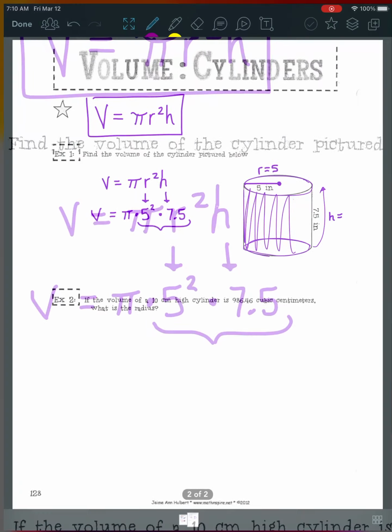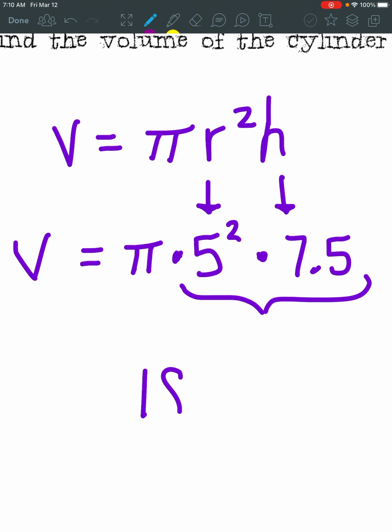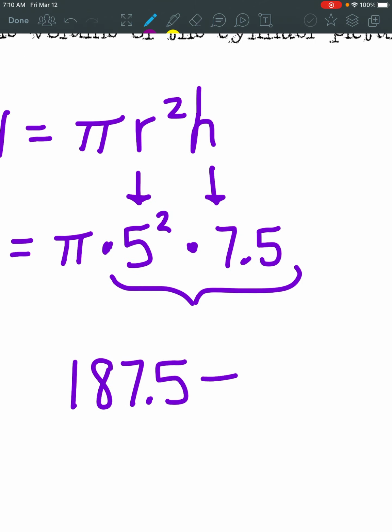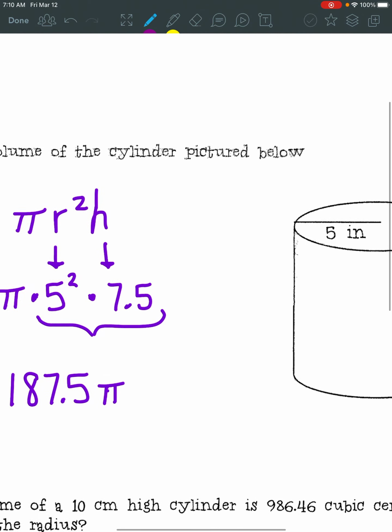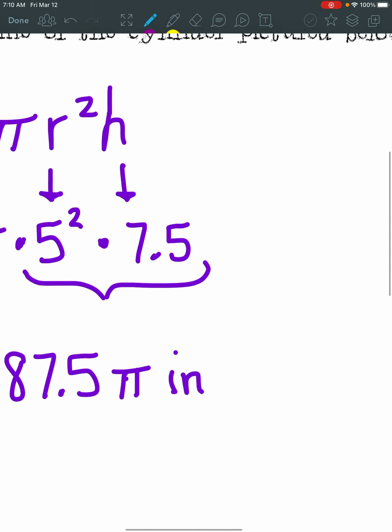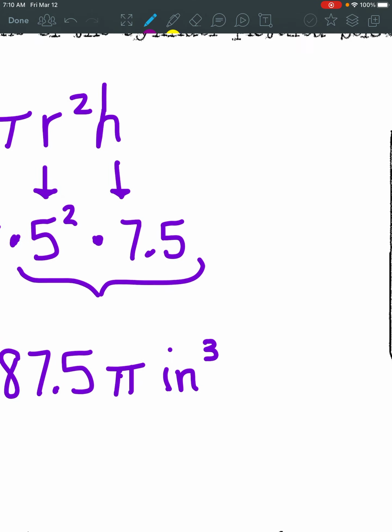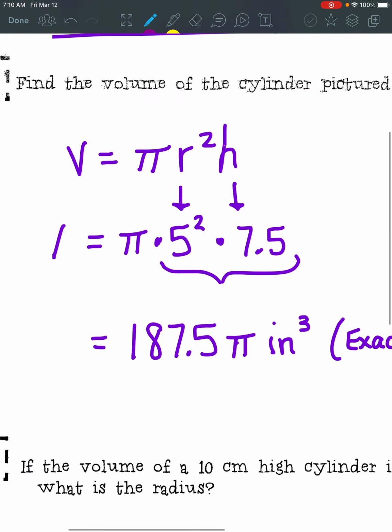So we get 187.5, and then don't forget, we still have that pi. We have not multiplied by pi, so that's going to be in our exact answer. And this is labeled in inches, and volume is labeled cubed. So cubic inches, and this is what we call our exact volume in terms of pi.